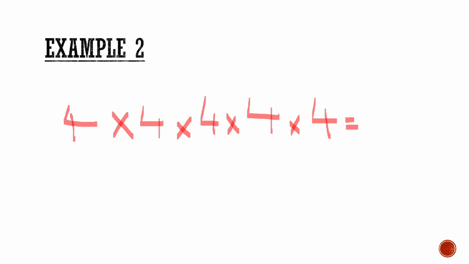I've got 4 times 4 times 4 times 4 times 4. Now I've got 5 4's here, so it's going to be written as 4 to the power of 5. Because it's 4 times 4 times 4 times 4 times 4, which is written as 4 to the power of 5.